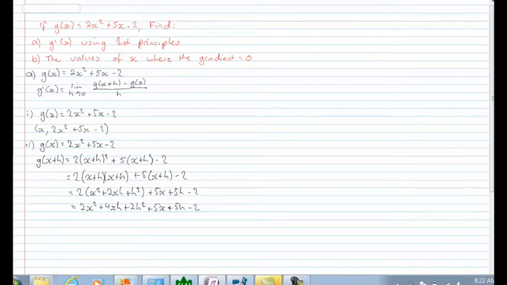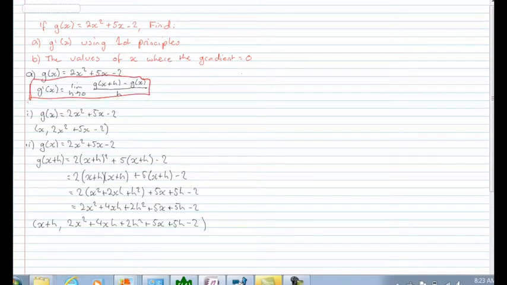So then we end up getting the coordinates x plus h for my x coordinate and 2x squared plus 4xh plus 2h squared plus 5x plus 5h minus 2. Huge coordinate, isn't it?